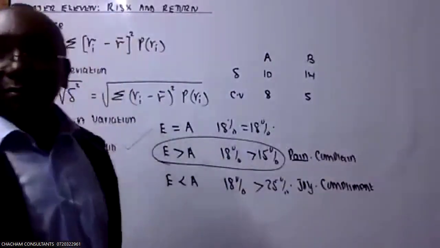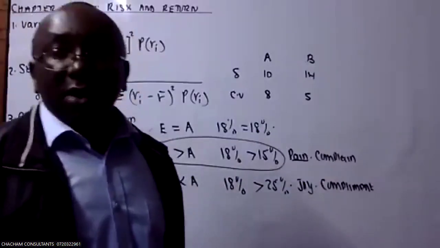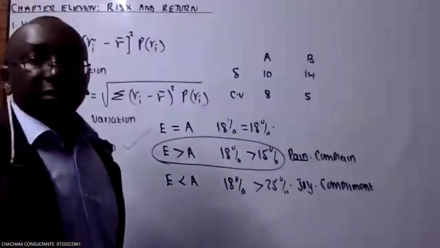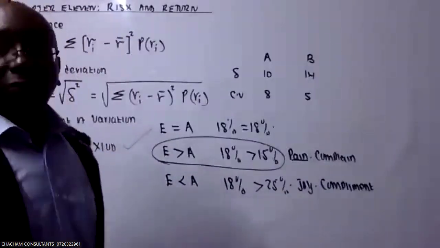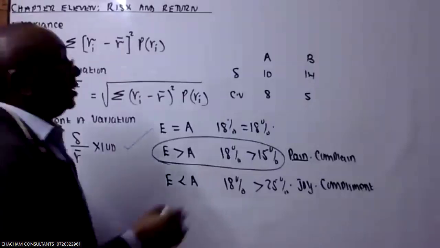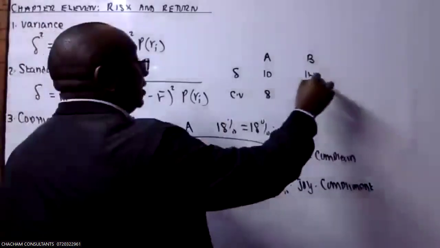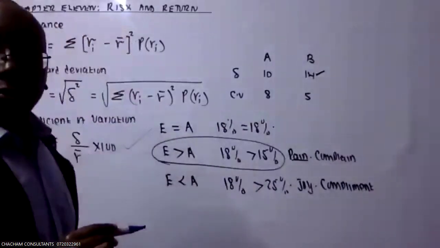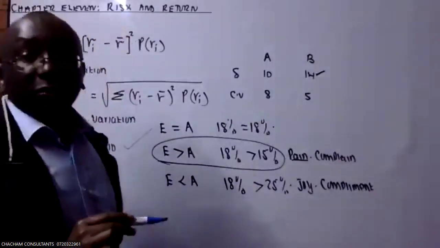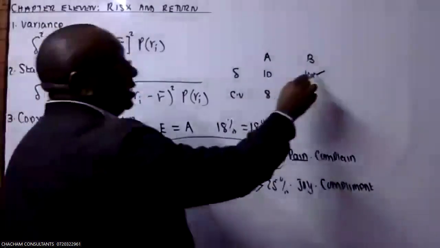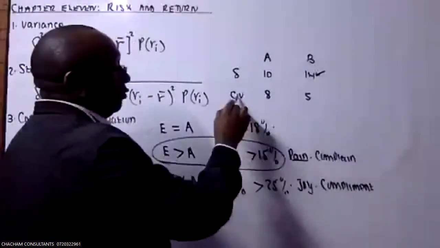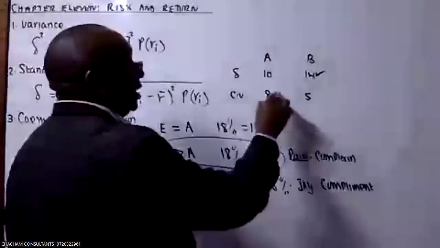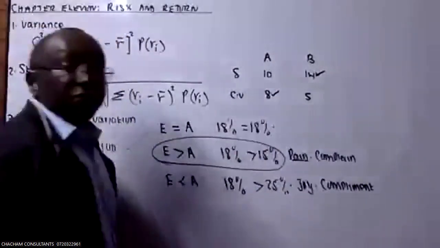Something like that. Now, if you are a risk taker, you will go for the one with the higher risk. So this one has a higher risk according to standard deviation. So if you follow standard deviation, it will tell you go for B. But if you follow CV, it will tell you go for A. Now that is what we are calling conflict.